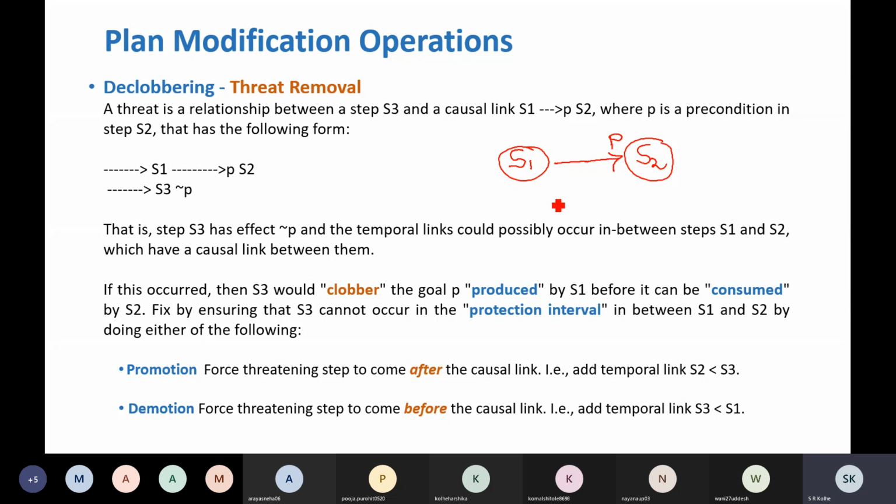Then there is the step S3 whose effect is not P. If you execute it, the output will be not P. And if S3 occurs between S1 and S2, it will look like this: S1, then S3 and then S2.